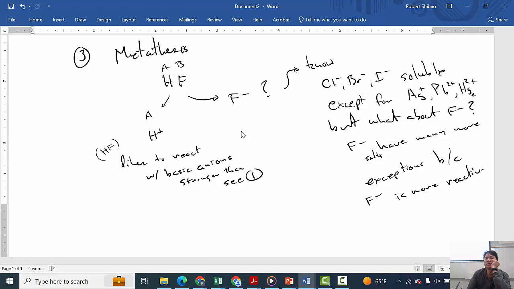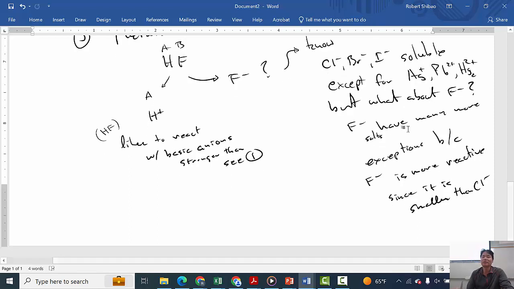Why would fluoride be more reactive? It's smaller, exactly. Fluoride is more reactive since it is smaller than chloride. And so what we have to do is consult a reference book.